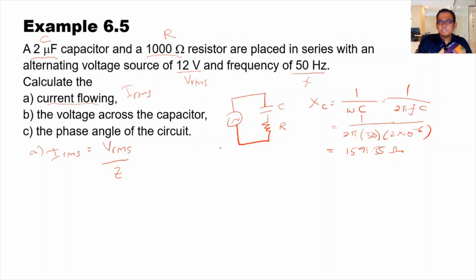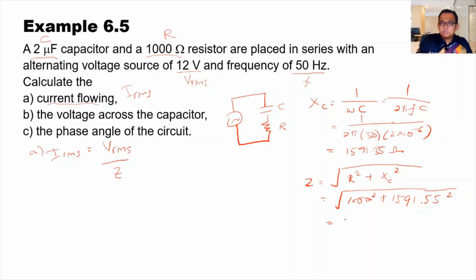So now we can find the impedance for this circuit. We have two components, so that is equal to square root of R squared plus XC, capacitive reactance, squared. So we substitute the value. Don't forget the square. 1591.55 squared, and we get the answer 1879.64 ohm.